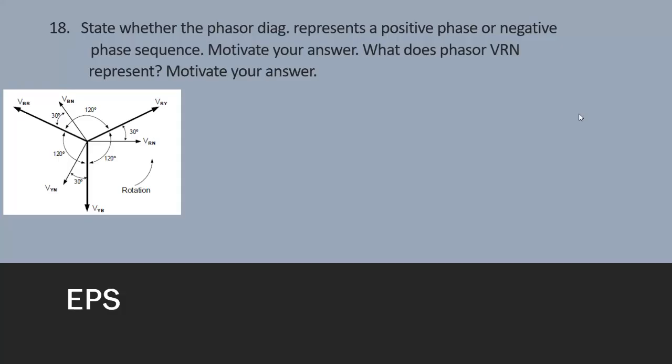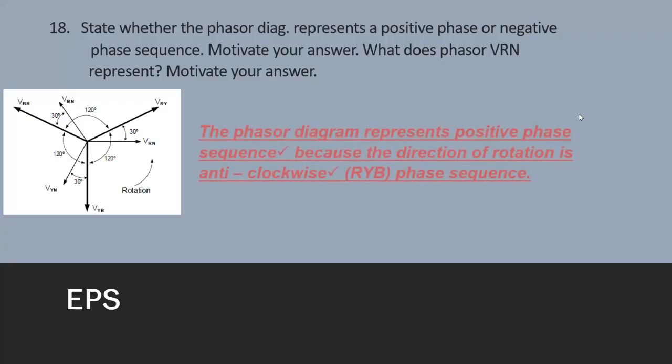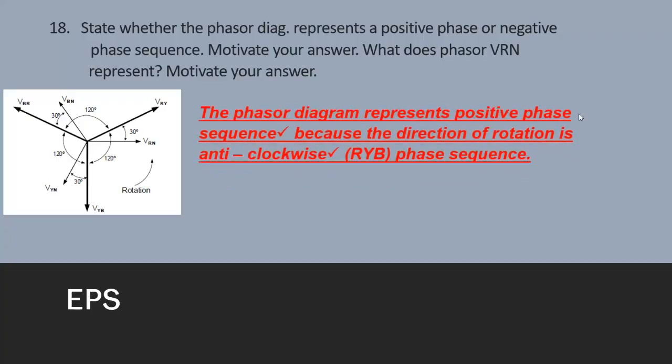The phasor diagram represents positive phase sequence because the direction of rotation is anti-clockwise. Red, yellow, blue is the phase sequence. Phase voltage is the voltage between R and N.